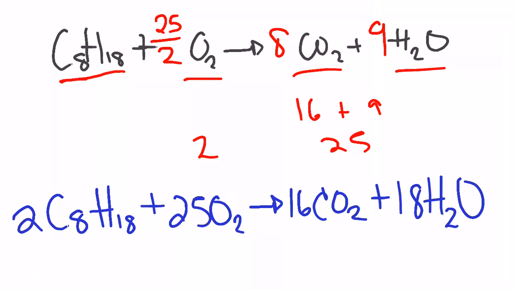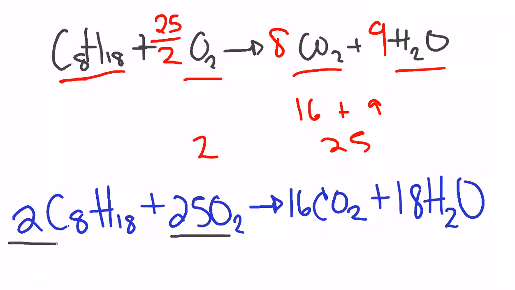Now we want to check and make sure that we have the simplest whole number coefficients in front of each one of these molecules. So we want to make sure we can't divide them all by something to make them smaller. And you know, the key to that is looking for something that maybe is an odd number, because you can't divide odd numbers by 2 evenly.